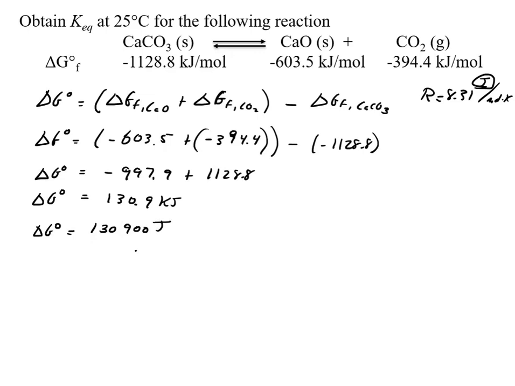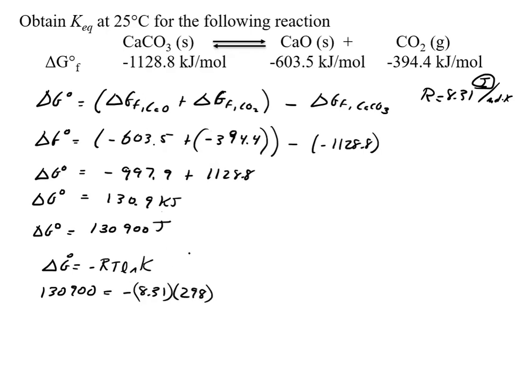And then I use the equation that delta G naught is a negative RT natural log of K. So I have 130,900 is equal to negative 8.31 times the temperature, which is going to be 25 degrees for all of these, so 298.